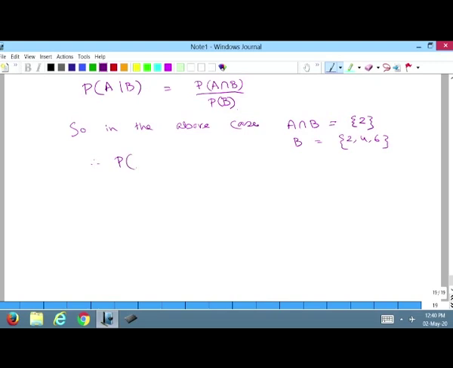Therefore, probability of A given B is equal to probability of 2 divided by probability of 2 or 4 or 6, which is equal to 1 by 6 divided by half, which is equal to 1 by 3, which we have obtained. So, this is the basic knowledge of conditional probability.